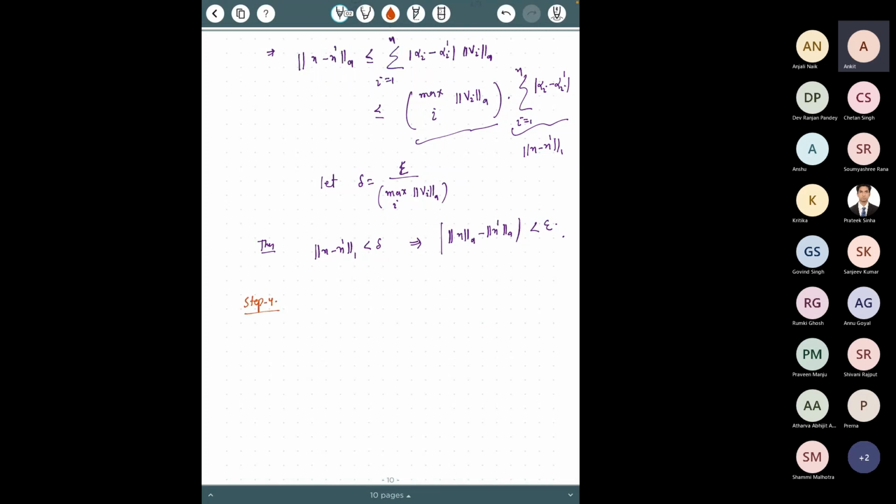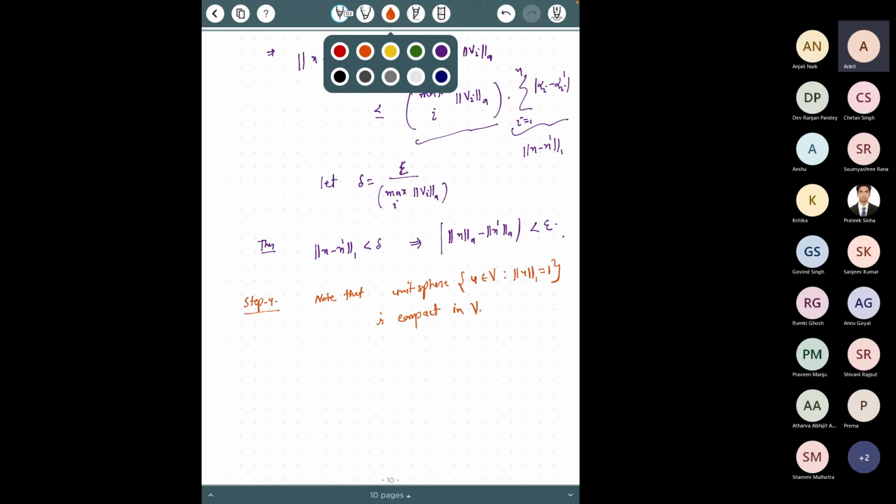So what I am saying is the following, in the last step, step 4. Note that this unit sphere, the set of u belonging to V such that one norm of u is equal to 1, is compact in V. And what we have seen here is that this is a continuous function on V under the topology induced by the one norm.